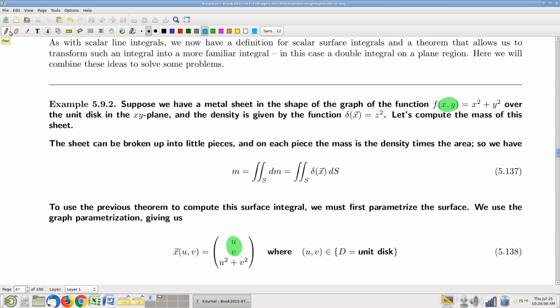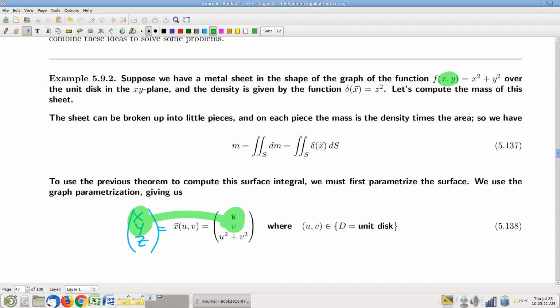Keep in mind, by the way, when we say we're parameterizing, it means we are writing x, y, and z as functions of u and v. So these input variables x and y, setting them equal to u and v means those are the first two components of our parameterization. Everybody good?